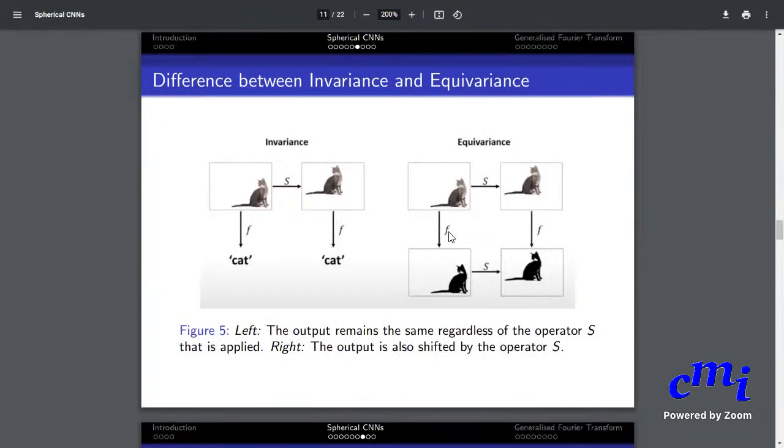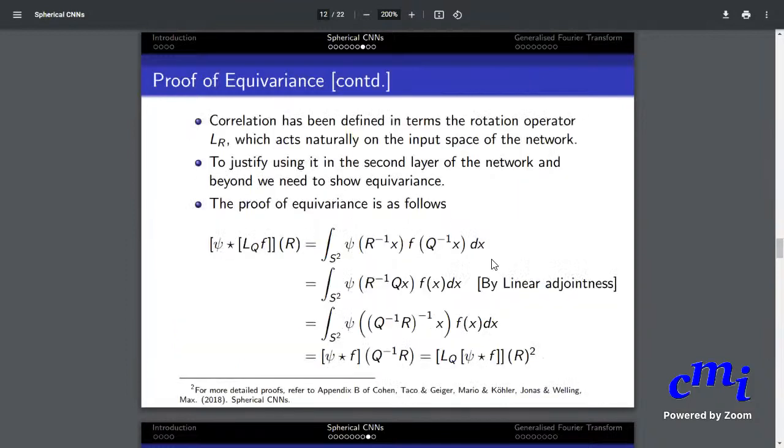Basically we want to learn this f function, because s is already defined by the choice of group. So we just want to learn what f will be for the particular data set. Okay. Yeah. So here is the proof of equivariance for the correlation that we have defined in the previous slides.